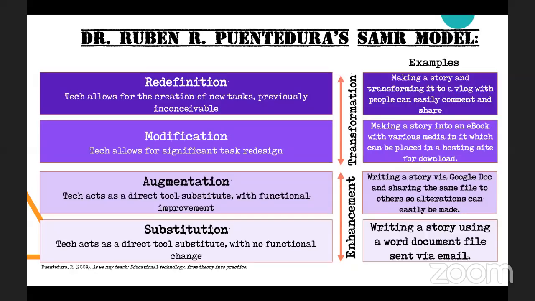So that's augmentation. It lessens the number of files that the teachers would look into, and the teacher will now have less work, less number of papers to check for that specific activity. To bring it up to the level of modification, after doing that draft in Google Doc, you make them turn that story into an ebook, wherein that ebook will contain now different forms of media.